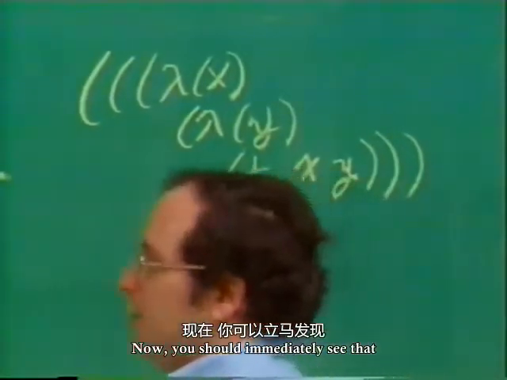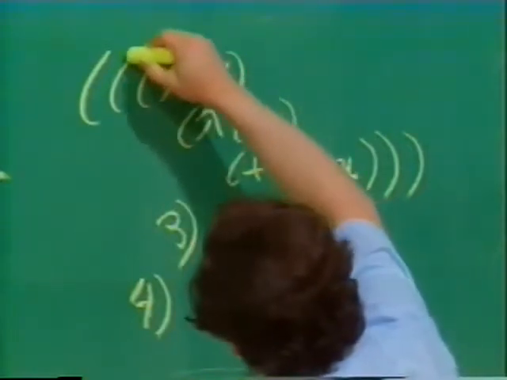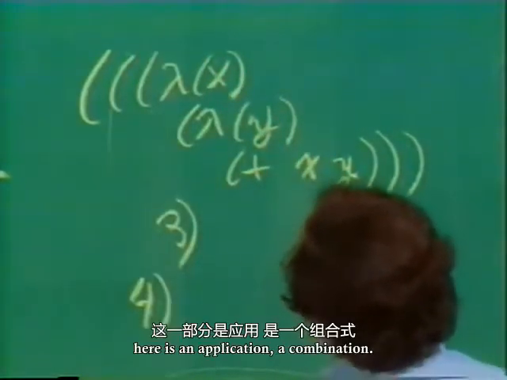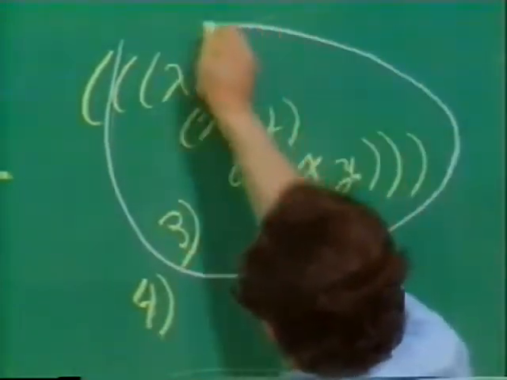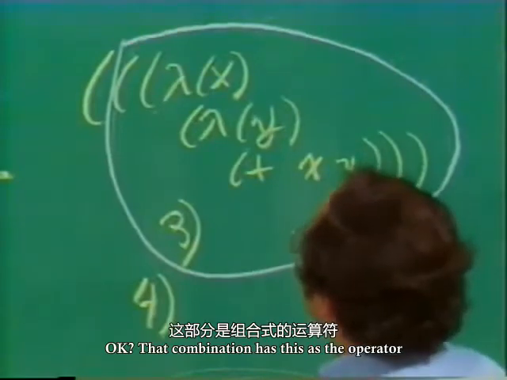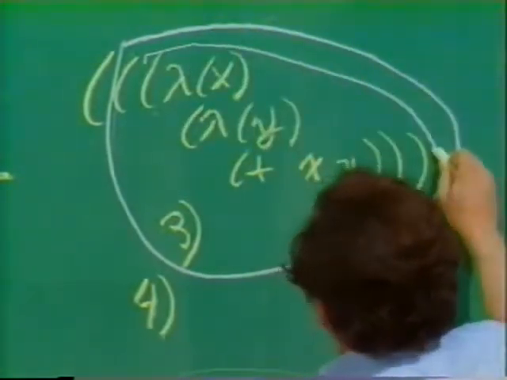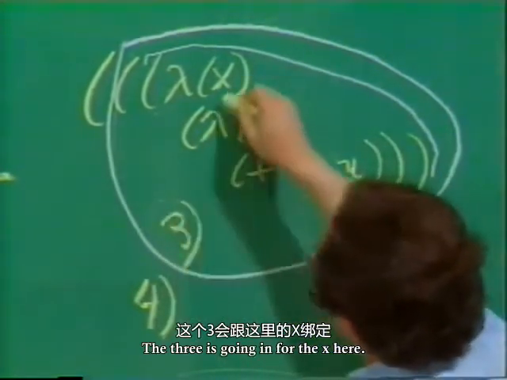Okay, now, you should immediately see that here is an application. Here is an application, a combination. That combination has this as the operator and this as the operand. The 3 is going in for the x here.